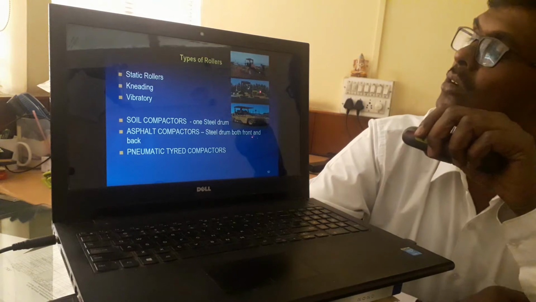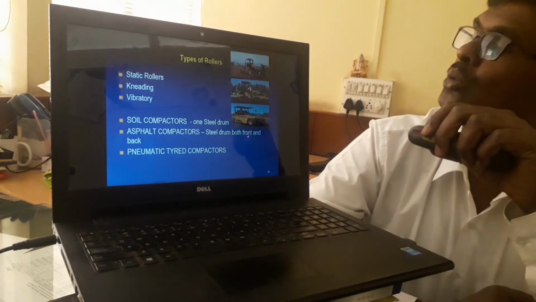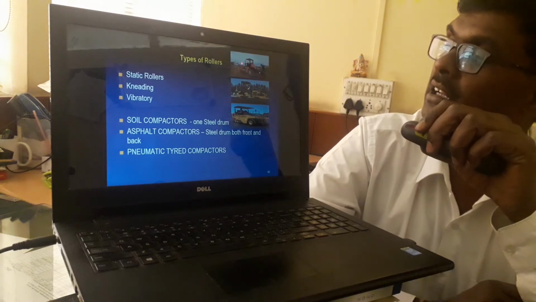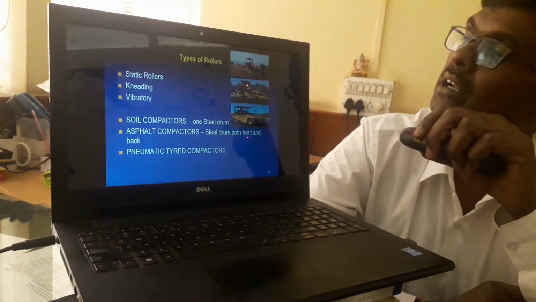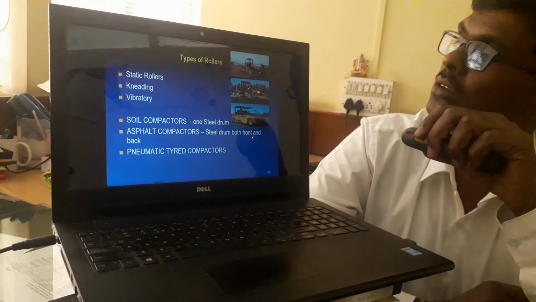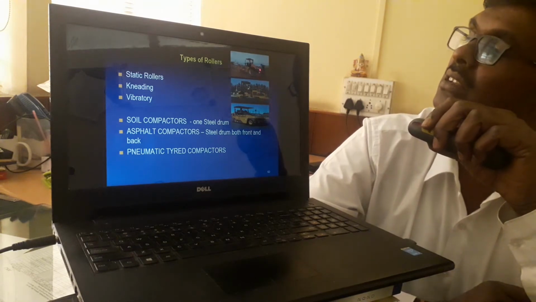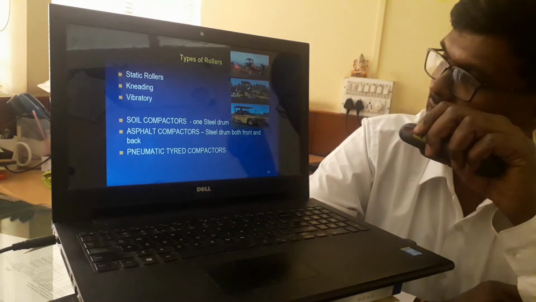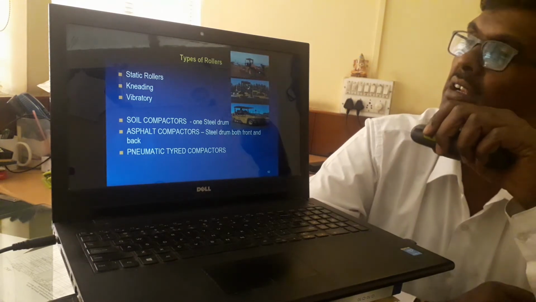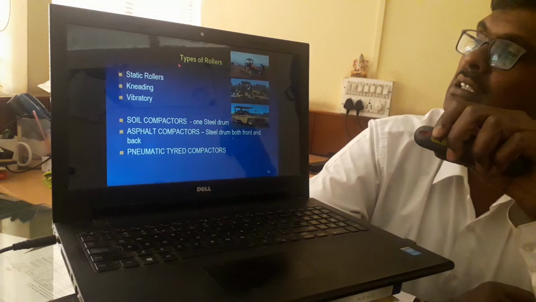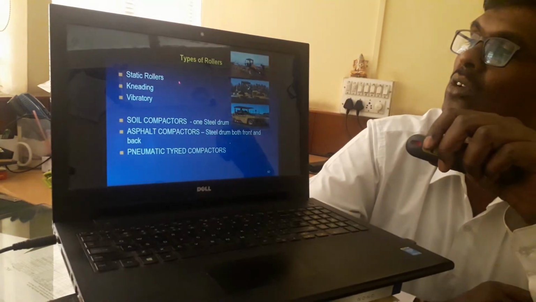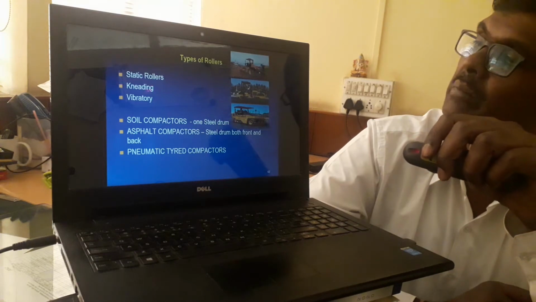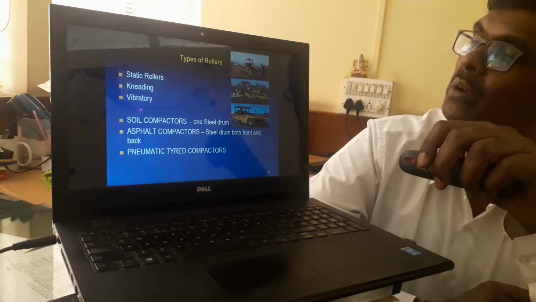Except for these pneumatic rollers, both these two rollers can be operated in static mode as well as vibratory mode. That means they can be used as a static roller, and they can be used as a vibratory roller. If you look at the types of rollers, we have static rollers, then kneading compactors, and then vibratory compactors.